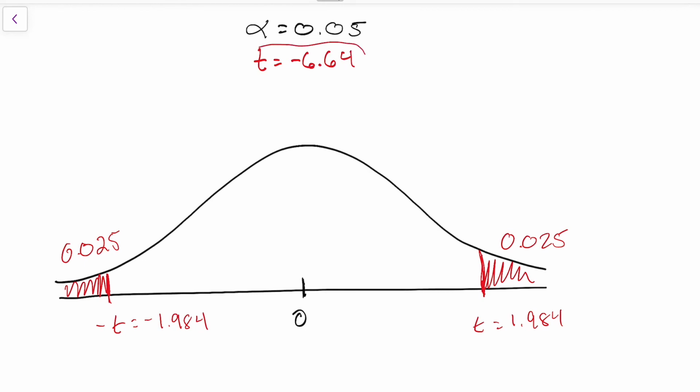And we look at our test statistic, which we computed to be negative 6.64, and ask where this will fall on our chart. We can clearly see that negative 6 is going to be pretty far to the left, so it will be contained in our critical region.